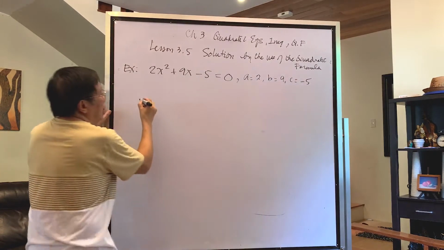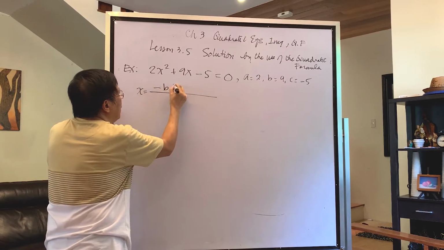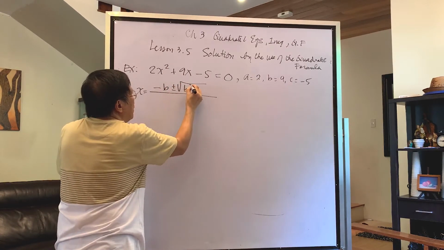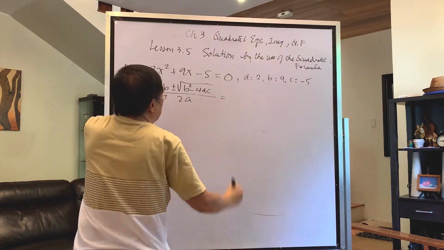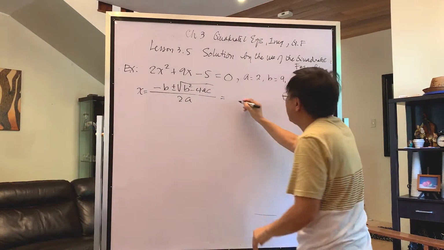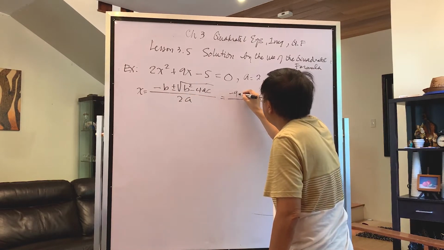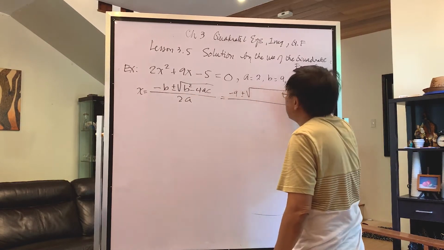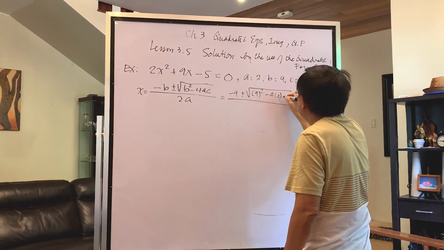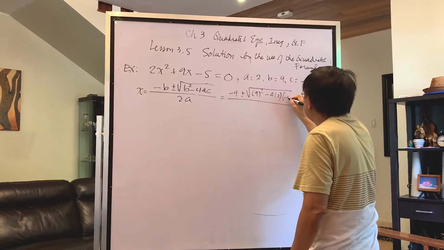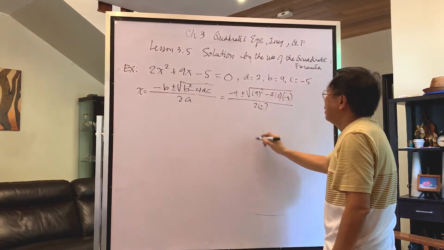From the formula, x equals negative b plus or minus the square root of b squared minus 4ac all over 2a. Substituting here, b is positive 9, so we have a negative 9 there, plus or minus the square root of 9 squared minus 4 times 2 times negative 5, all over 2 times 2.